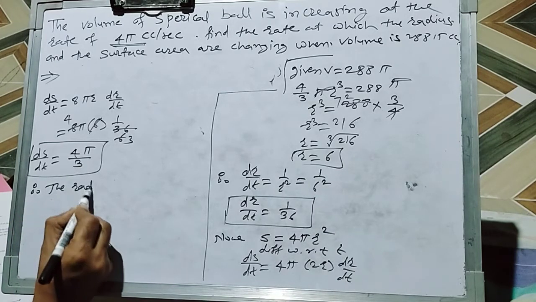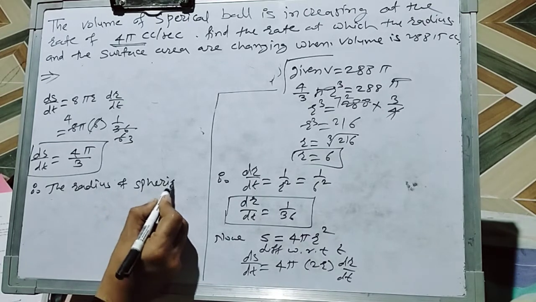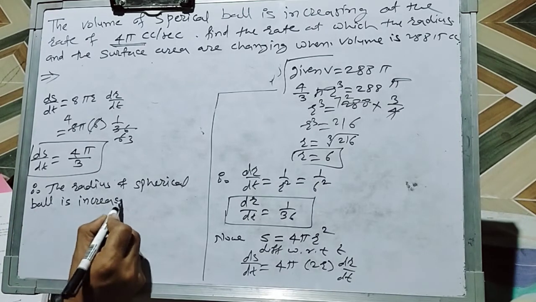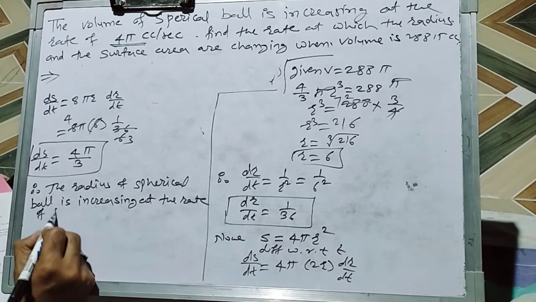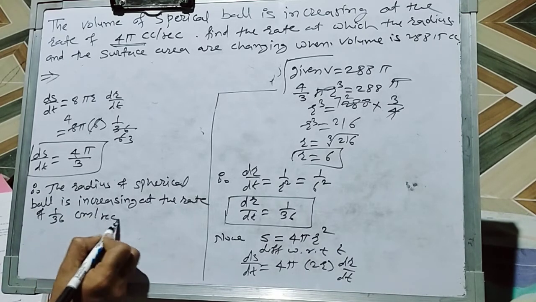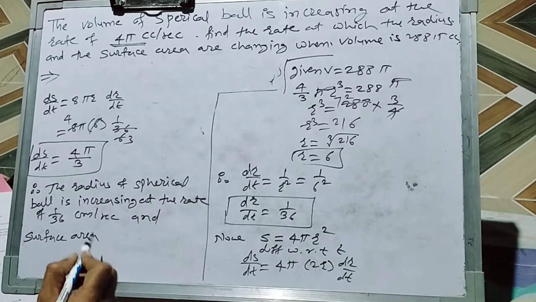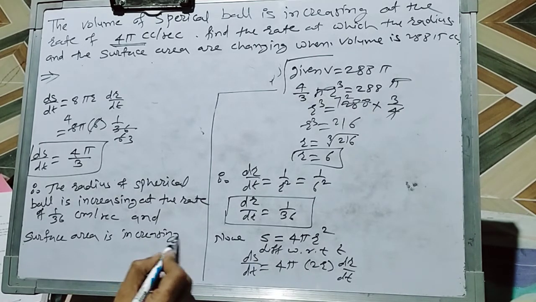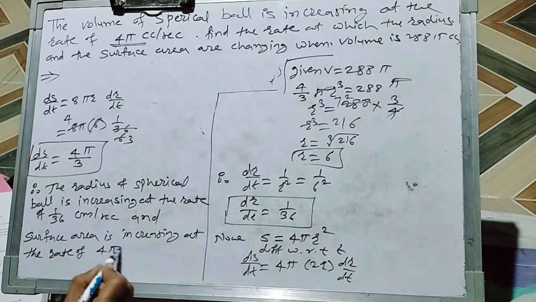And therefore the radius of spherical ball is increasing at the rate of 1 divided by 36 centimeter per second, and surface area is increasing at the rate of 4 pi by 3 centimeter square per second.